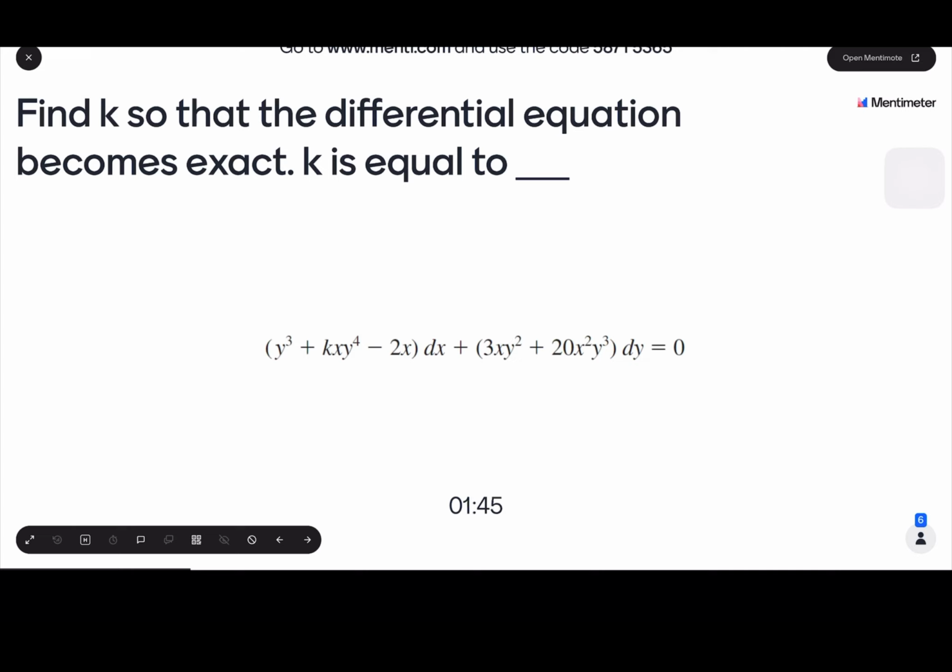Six students, wow, very fast. But you can take it slowly for this one.